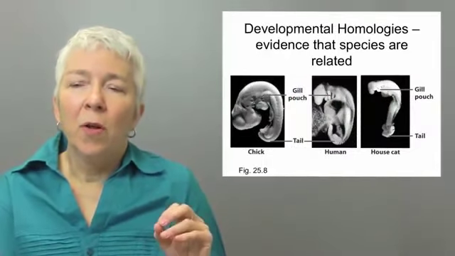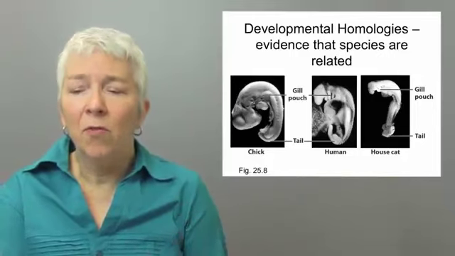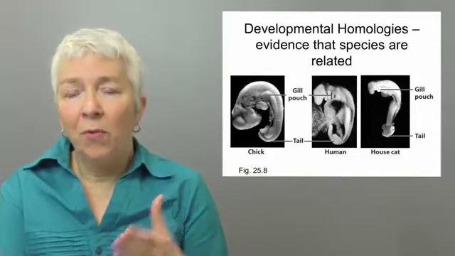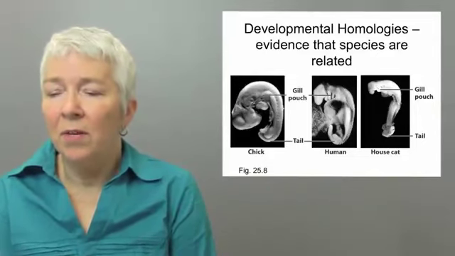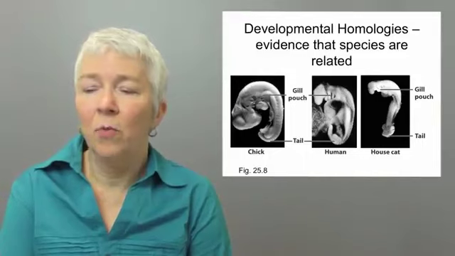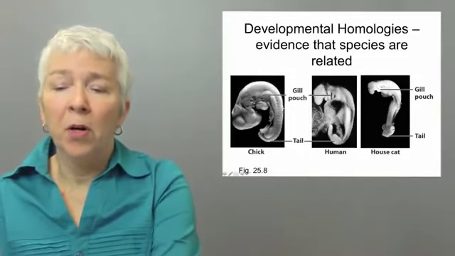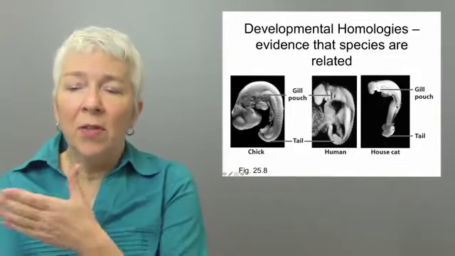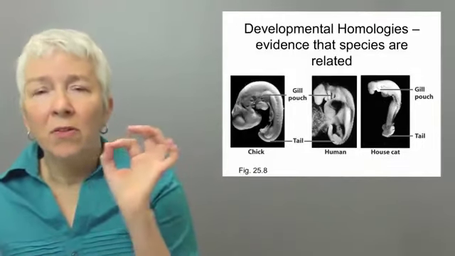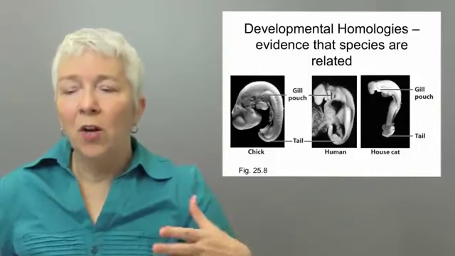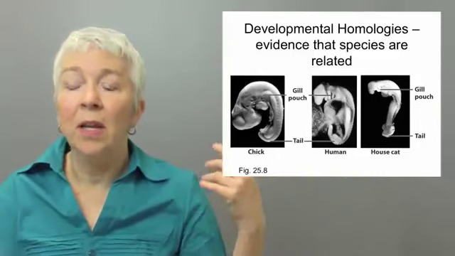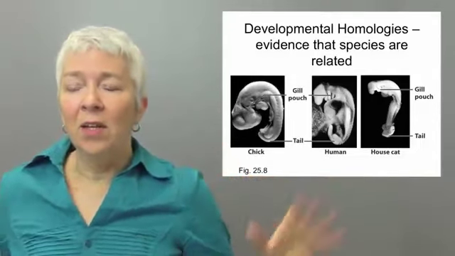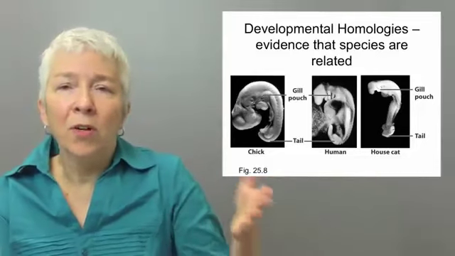Homologies don't have to be structural. Homologies can also be developmental. So, for example, if one looks early in development of related species, in this particular figure, humans are contrasted with an immature developing bird and also another immature developing mammal, one can see that if one looks early enough in development, there are certain characteristic traits that are shared between humans and cats and birds, namely tails and gill pouches that are lost in adult humans, but are shared characteristics.